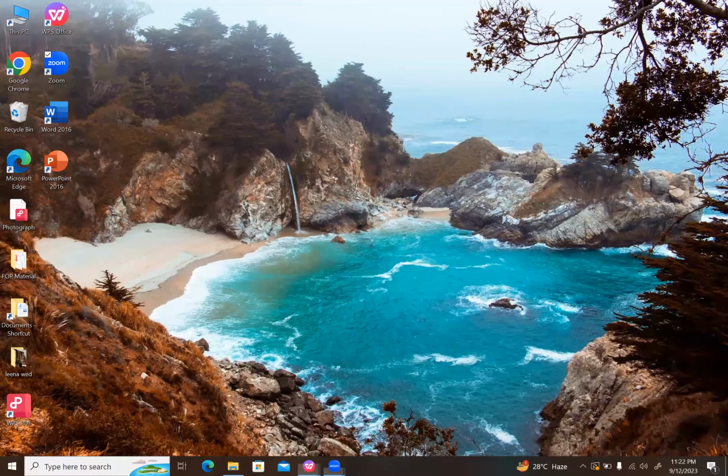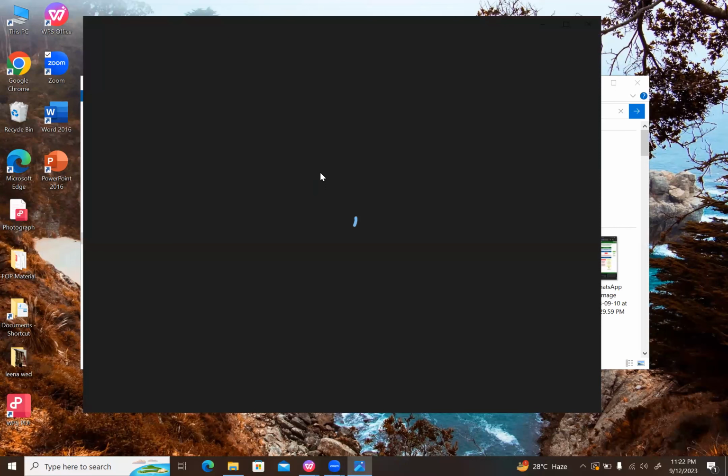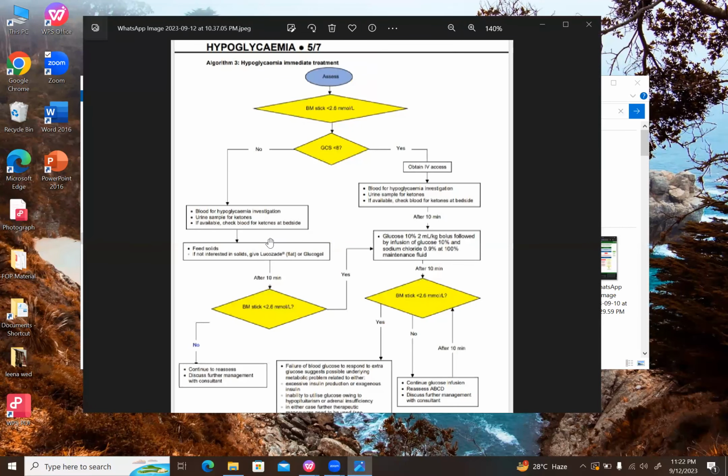Okay, let me show you one thing more. This is the hypoglycemia guideline. They say that if GCS is less than 8, then obtain IV access and give 10% glucose, 2 ml per kg bolus, followed by an infusion of 10% glucose with sodium chloride.